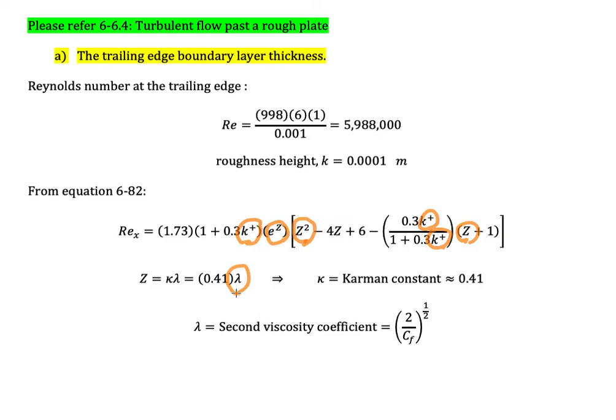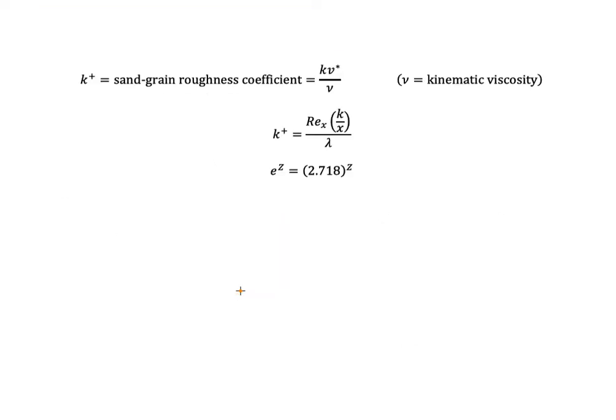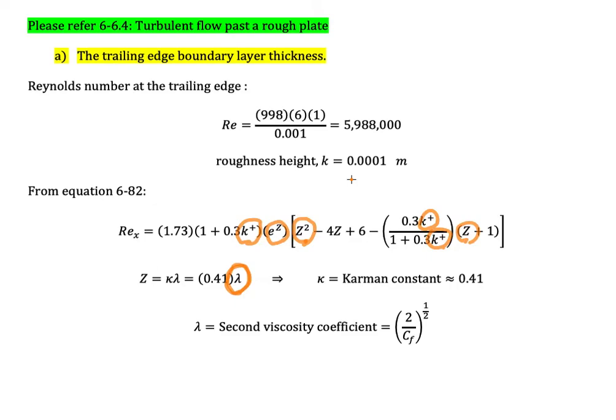If we substitute the Z, we have lambda here. If we substitute K plus, we have lambda here. And then we have the e^Z, and this Z also has lambda. So the only unknown parameter in this equation is lambda.